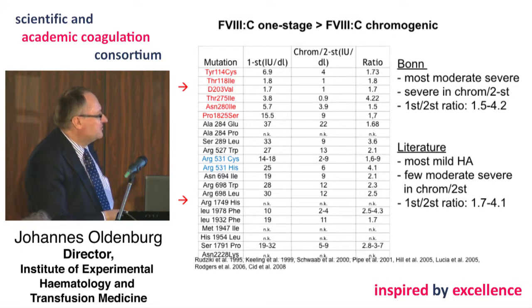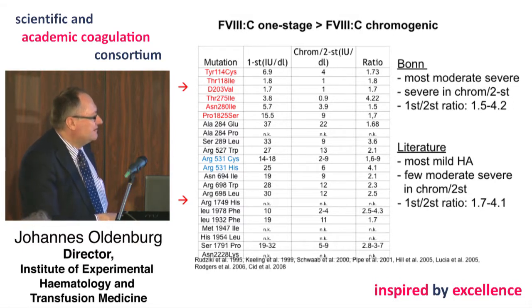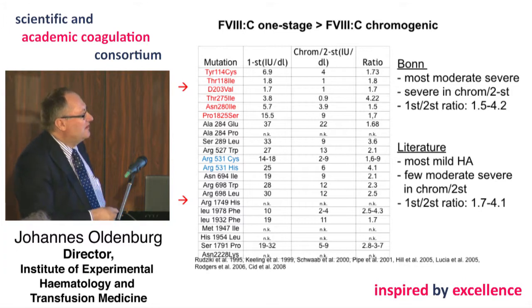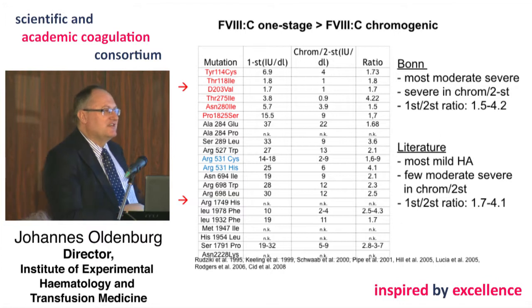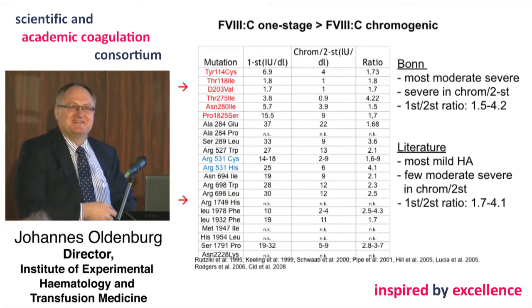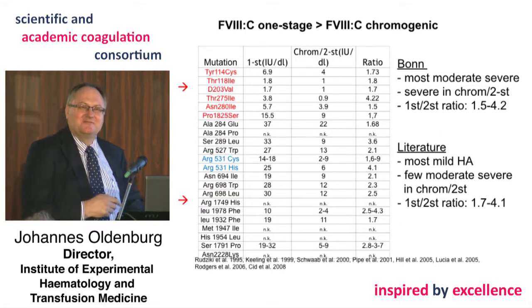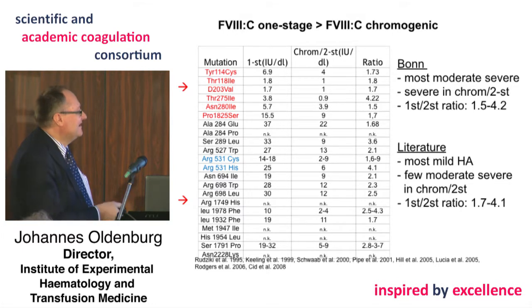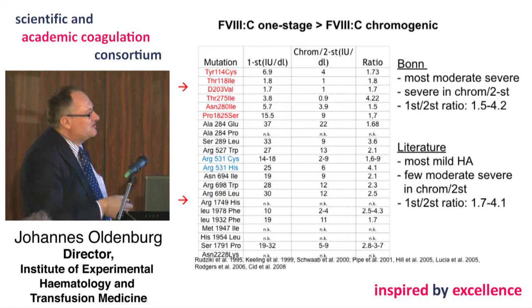In this publication, in this patient here, the hemophilia is even not recognized by the one-stage assay, but showed much lower values by the chromogenic assay. And I think this family is from Sheffield. And the publication is from you, Dr. Keeling. Yeah. So there are huge differences in these assays.